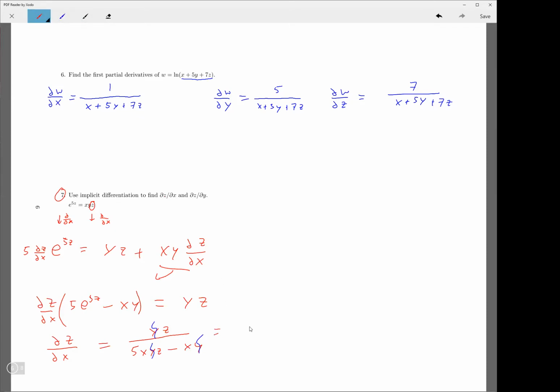So you get z over 5xz minus x. Okay, let's try that one and see if they accept that. Okay, good. They accepted that.